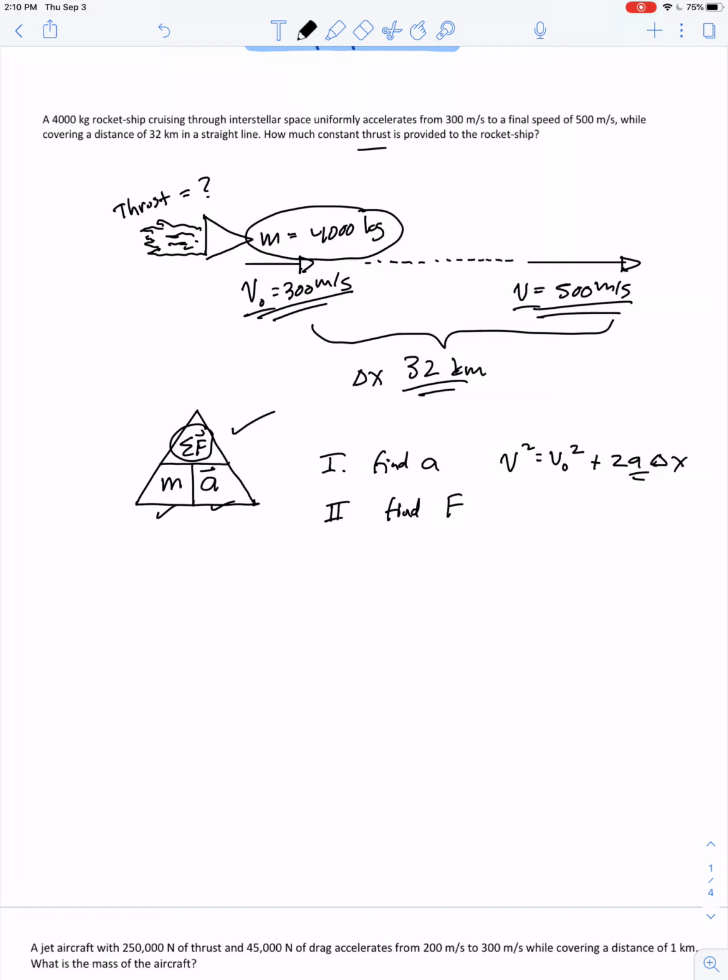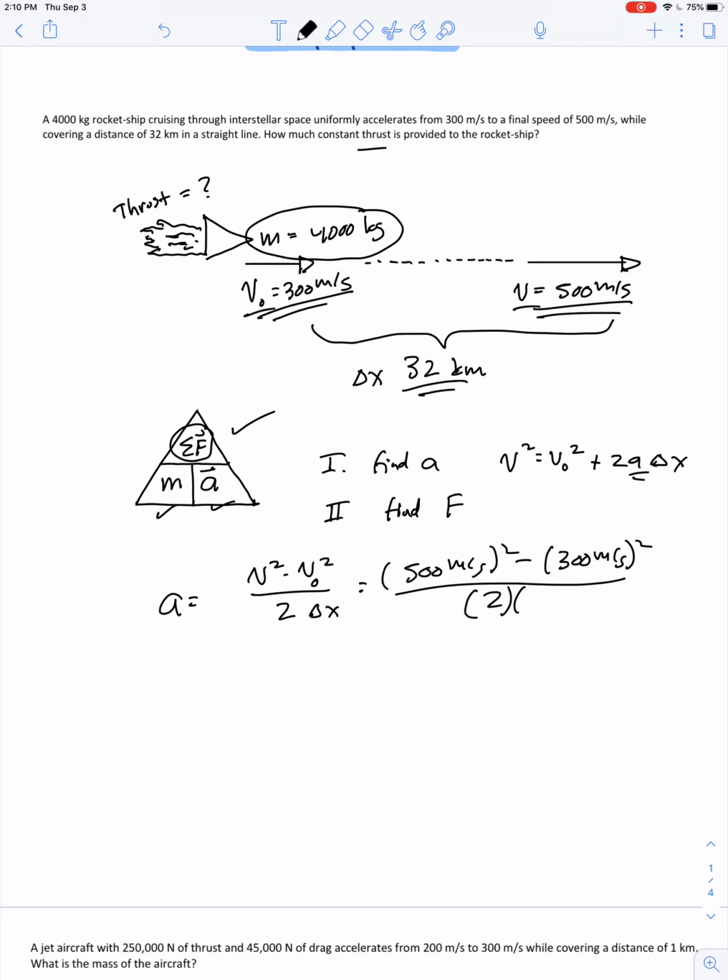So when we solve for a, acceleration is equal to the final velocity squared minus the initial velocity squared divided by 2 times the displacement. So this is 500 meters per second quantity squared minus 300 meters per second squared, all divided by 2 times, we'll call it 32 times 10 to the third meters. Grab a calculator, see what you get.